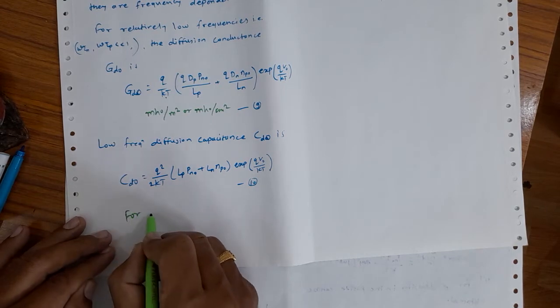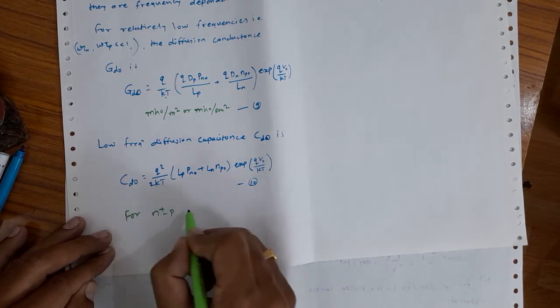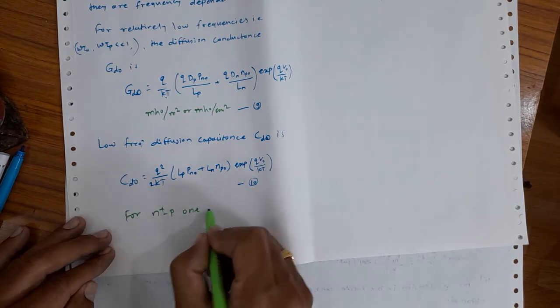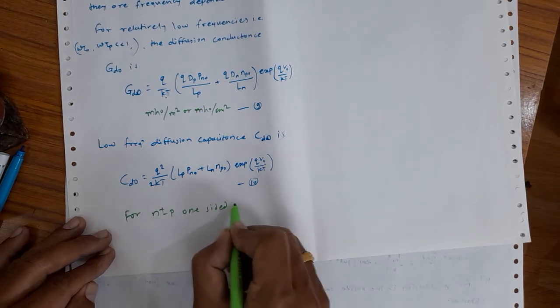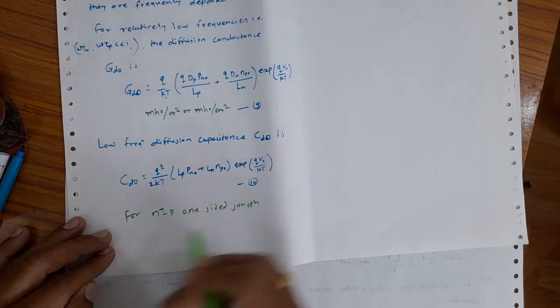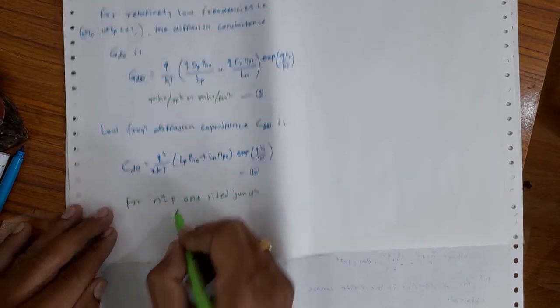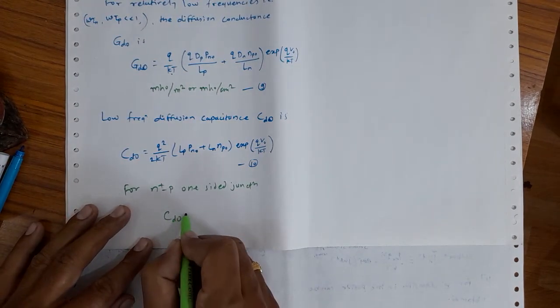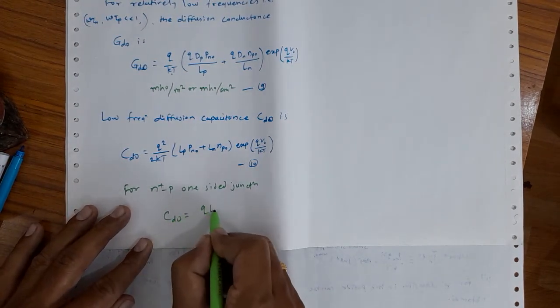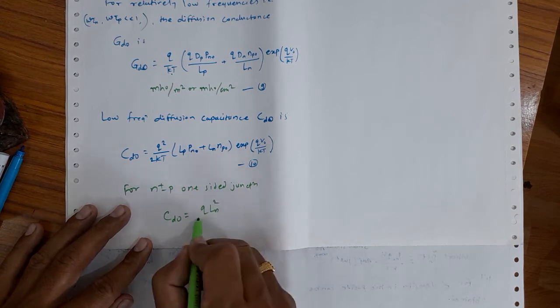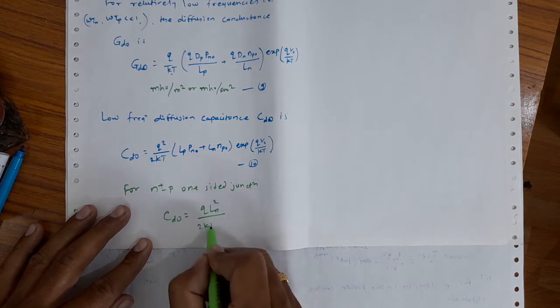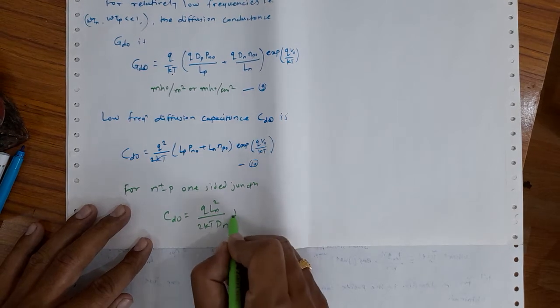For an n plus p one sided junction, it can be shown that CD0 is equal to q Ln square upon 2kT Dn into Jf.